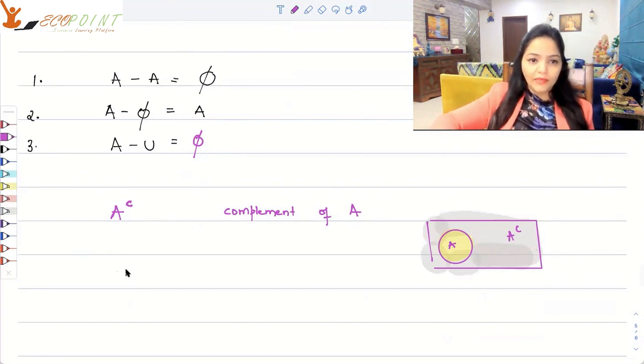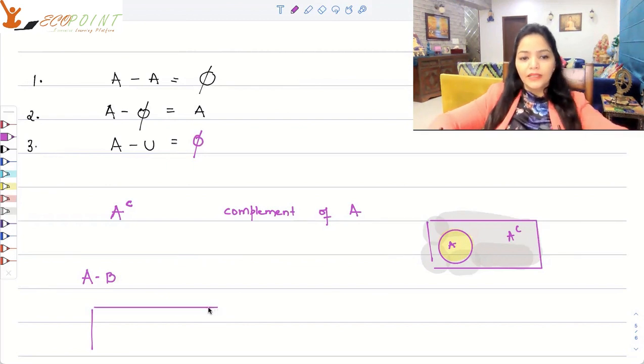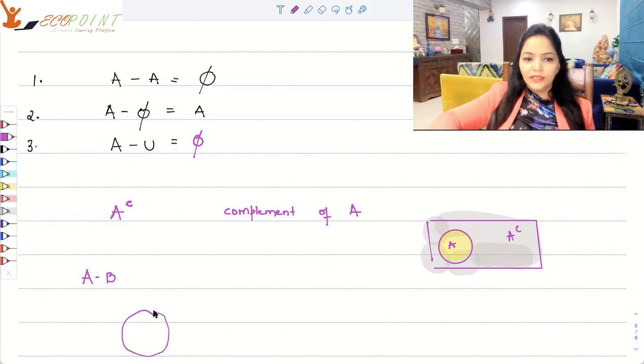Now, why I'm talking about complement here is because if you may notice, A minus B, let us represent it again. So if this is A and this circle is B, we just understood that A minus B is only the A portion out of it, right?